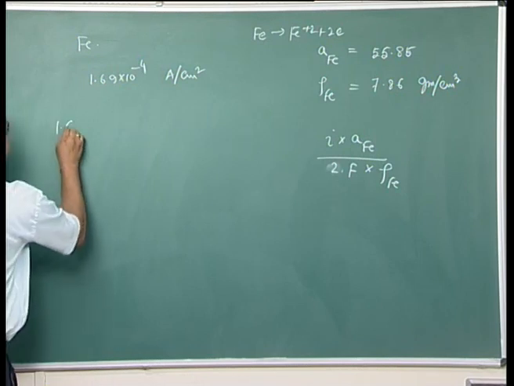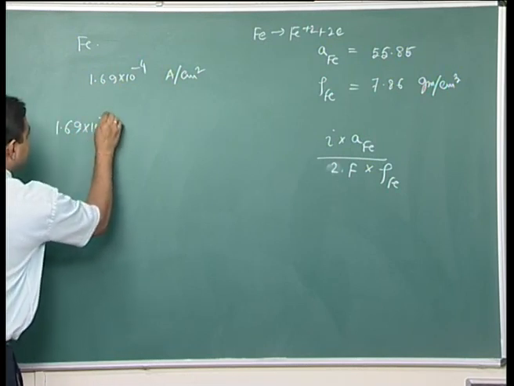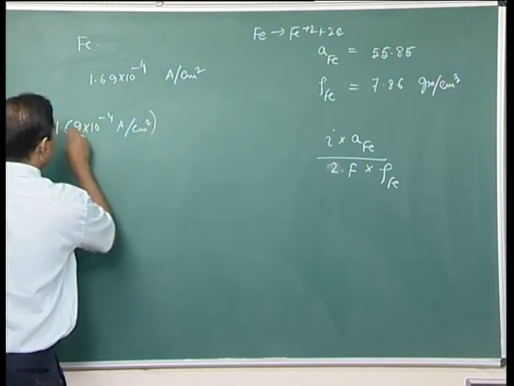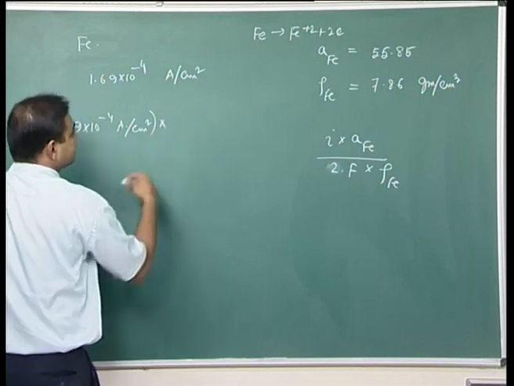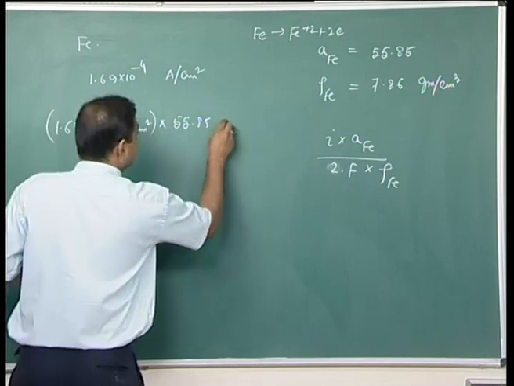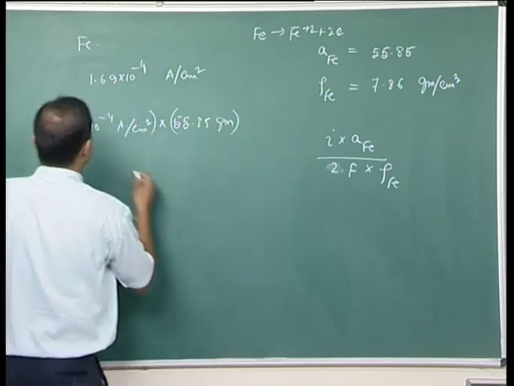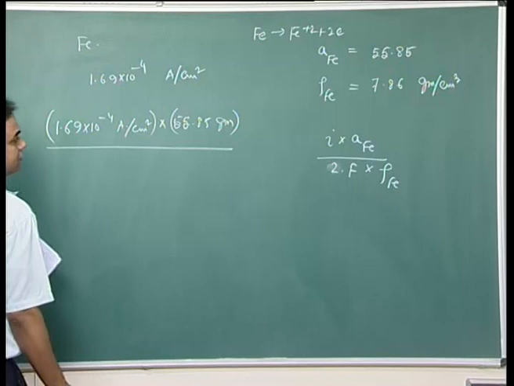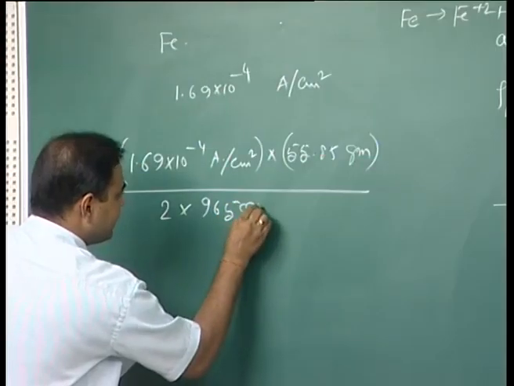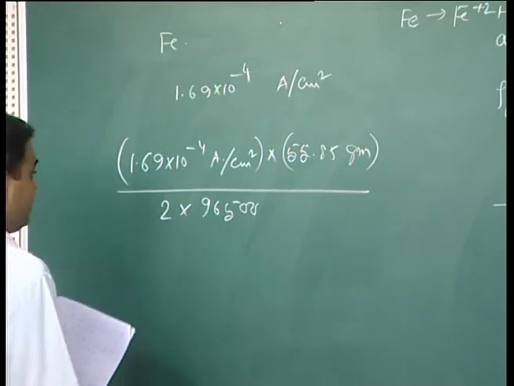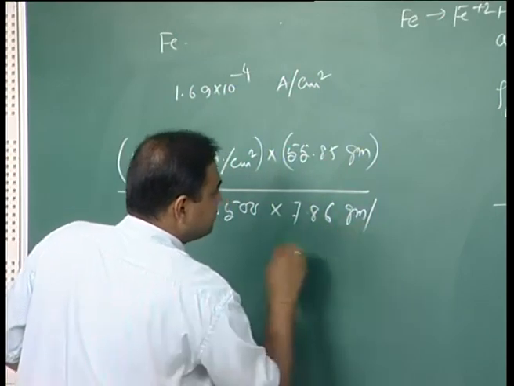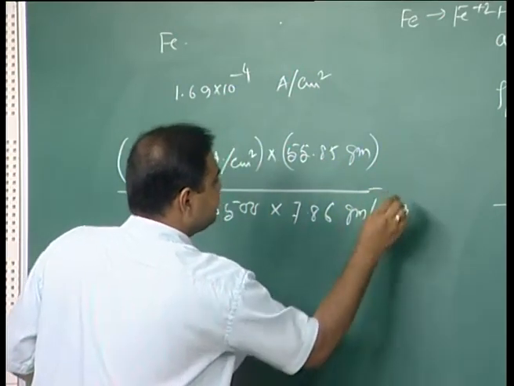Now, 1.69 into 10 to the power minus 4 ampere per centimeter square, then 55.85 gram, divided by 2 into 96500 into 7.86 gram per centimeter cube.